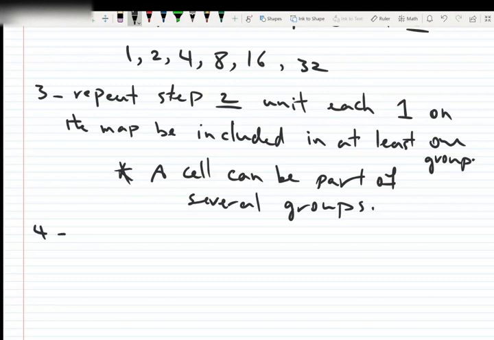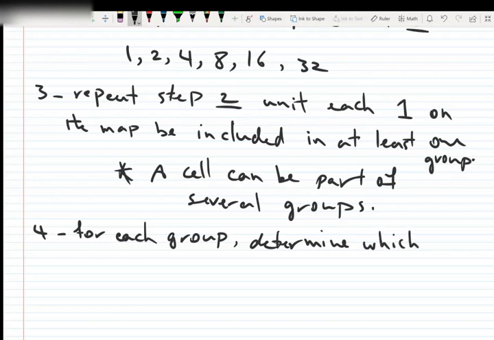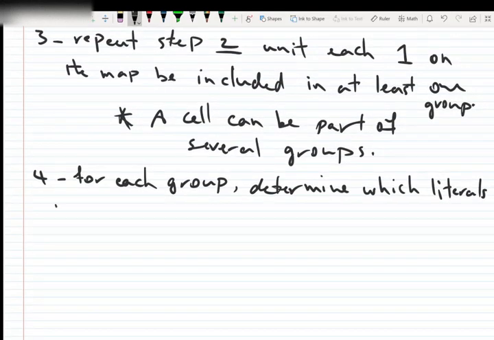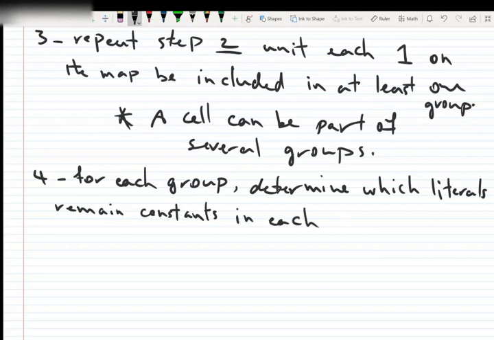The next step: for each group, determine which literals remain constant in each cell in that group.